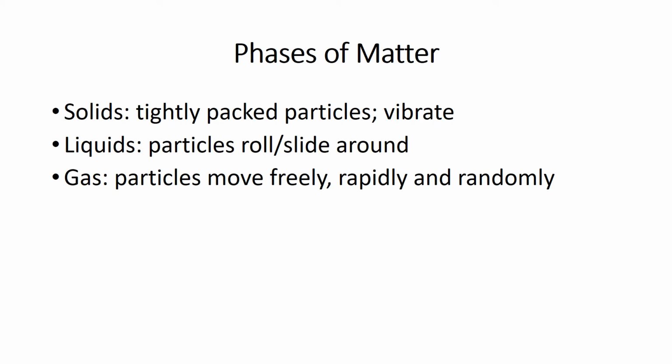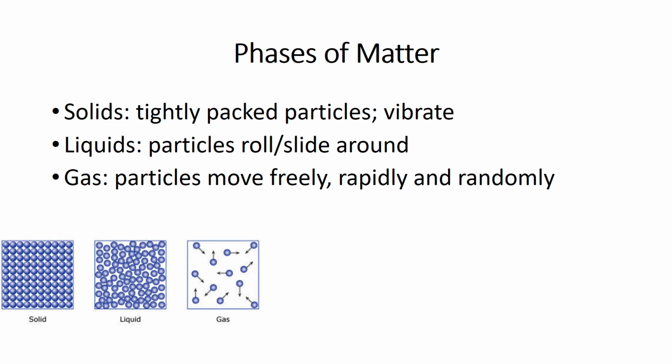So again, matter can exist in many different phases. The phases are solids, liquids, and gases. As a solid, we're going to see the particles being packed very closely together. And that's what we see here. It has a very distinct shape as a solid.